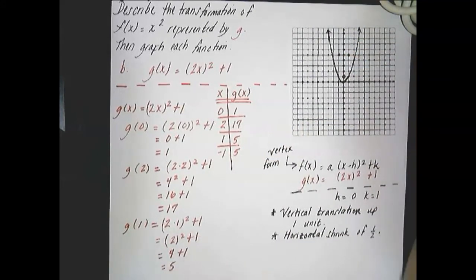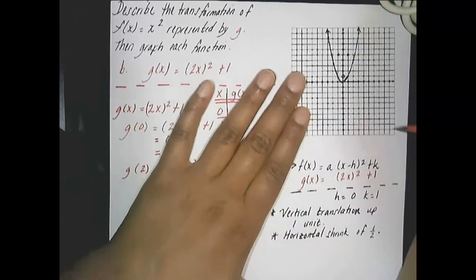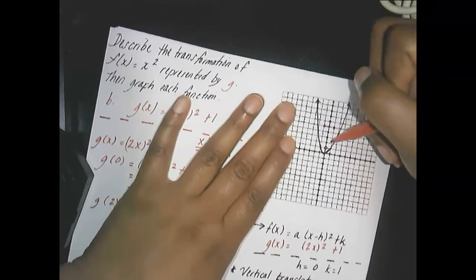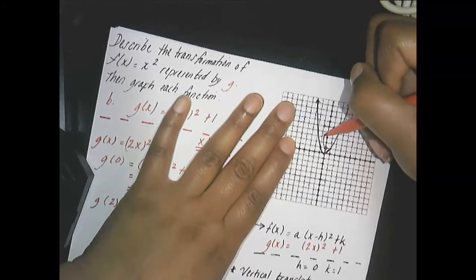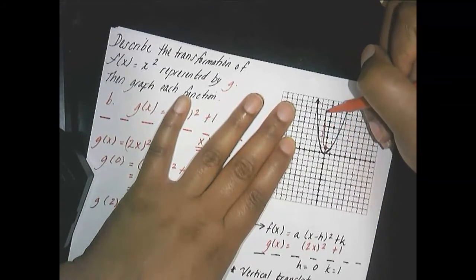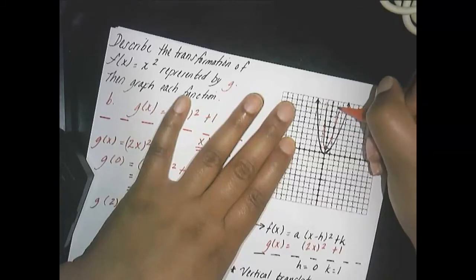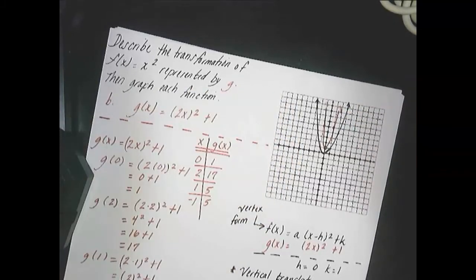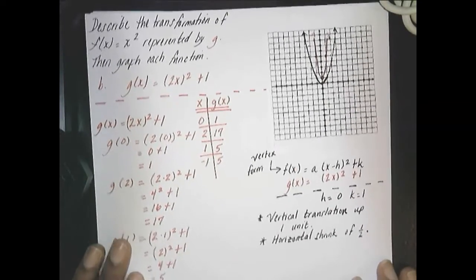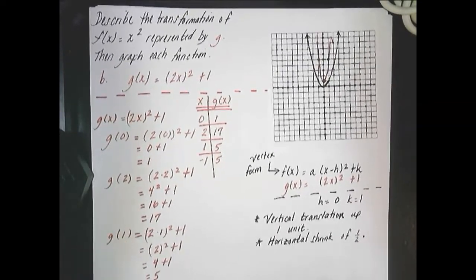What happens, as you can probably already see, is that this graph gets a whole lot narrower. It moves closer to the y-axis.